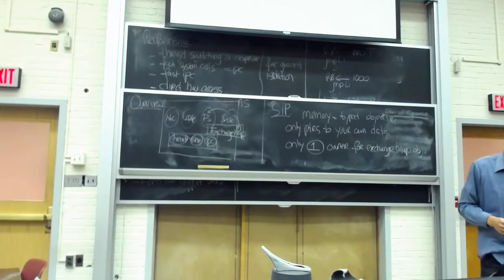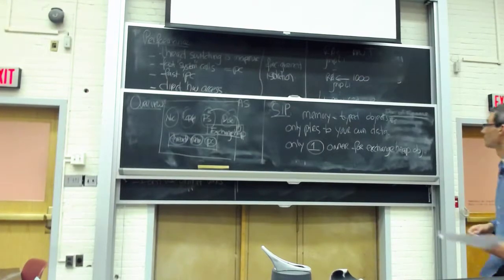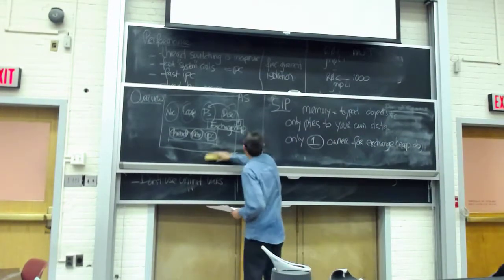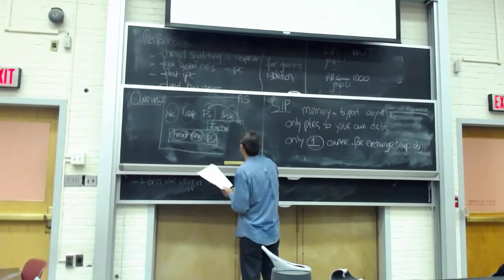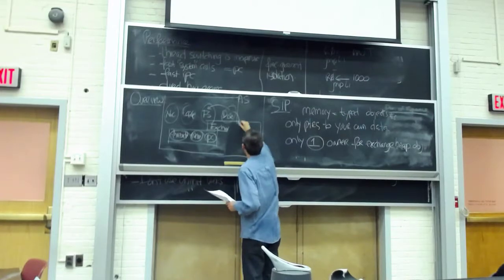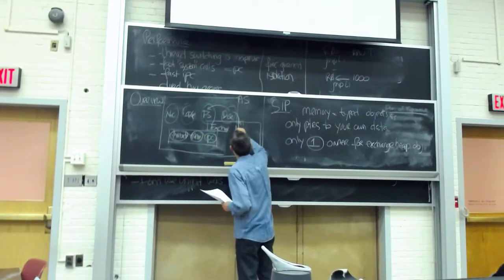So the way this works, let me blow this up a little bit. So, exchange heap. There's a channel which points to an endpoint.